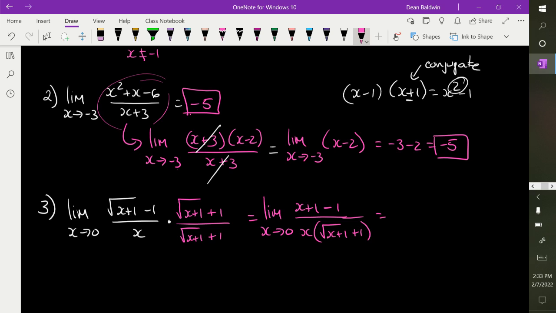So now you can see the 1s will disappear. And I'm left with the limit as x goes to 0 of x over x times root x plus 1 plus 1. Now you can see those x's cancel.